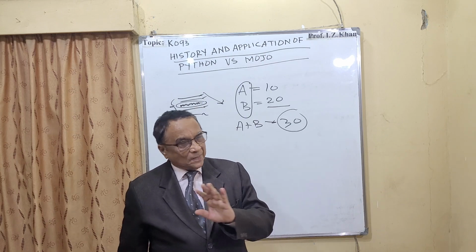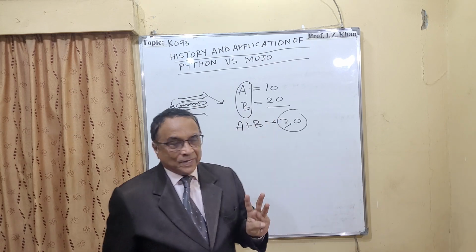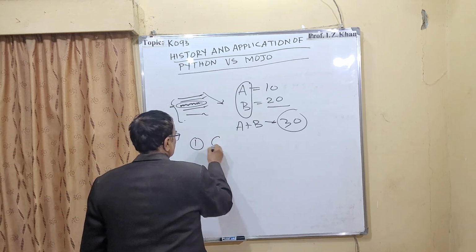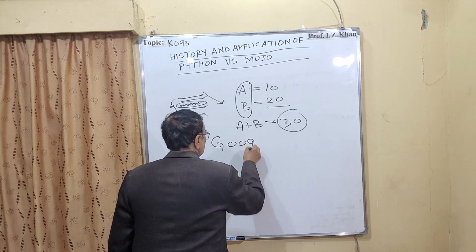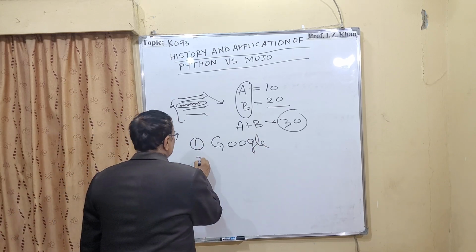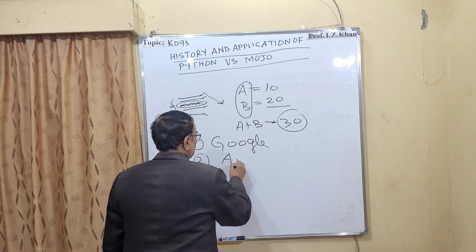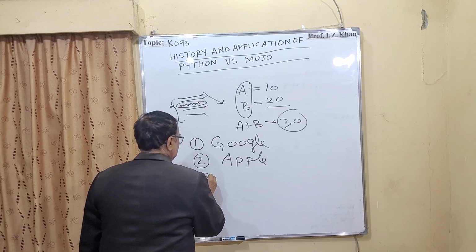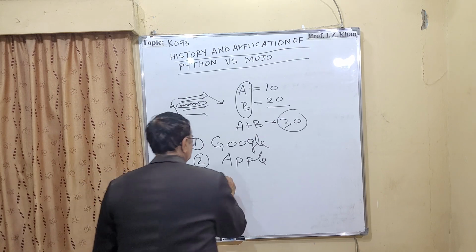And here let me make it very clear. There are three companies. One is known as Google. Second is Apple. And third is Tesla.